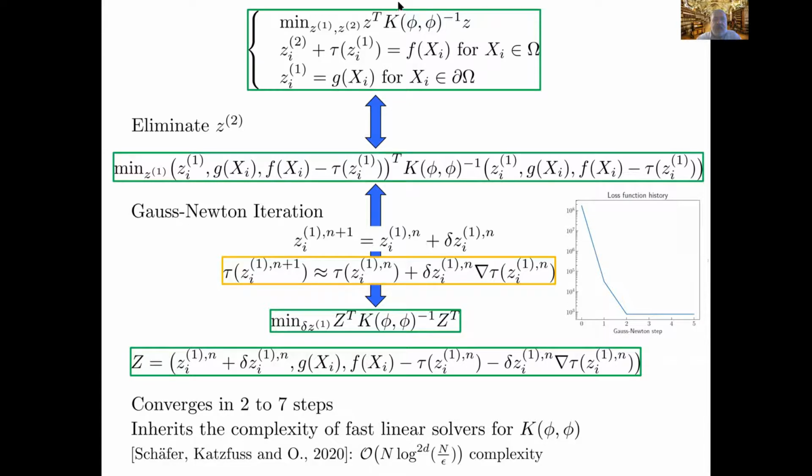And we turn this nonlinearly constrained quadratic optimization problem into an unconstrained non-quadratic optimization problem.